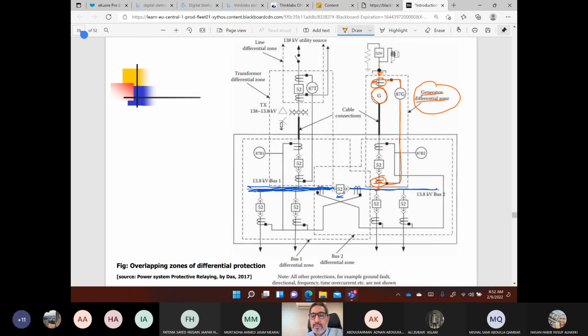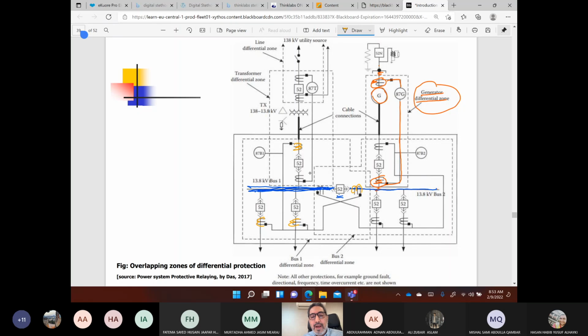differential relay also. So we have a CT here, the relay that detects faults in this section, a CT here and a CT here, this CT, this CT. So all currents that enter and leave this bus bar.